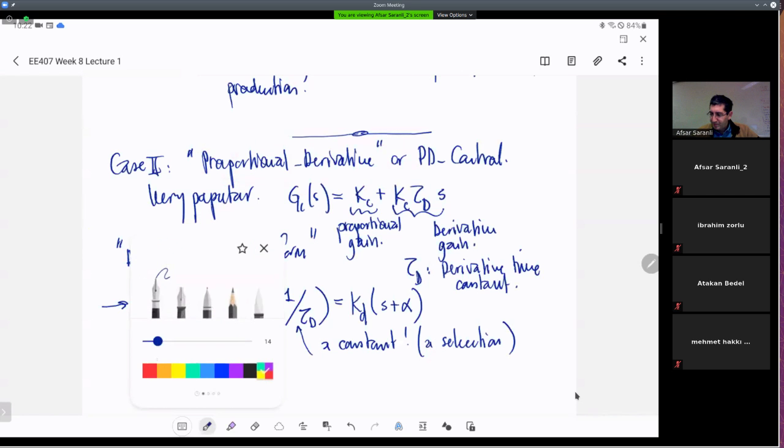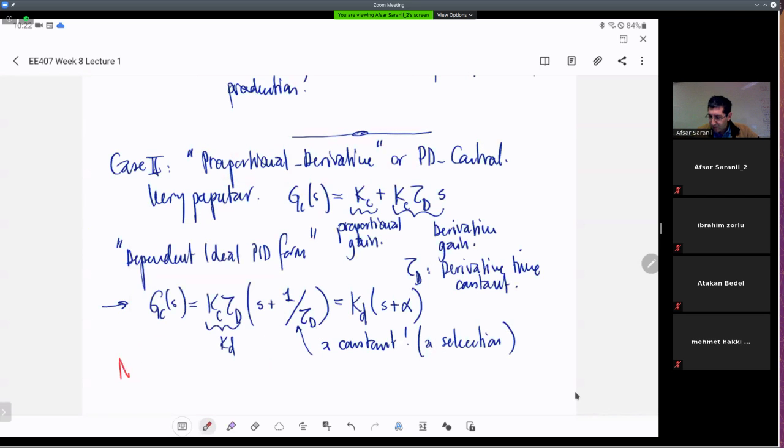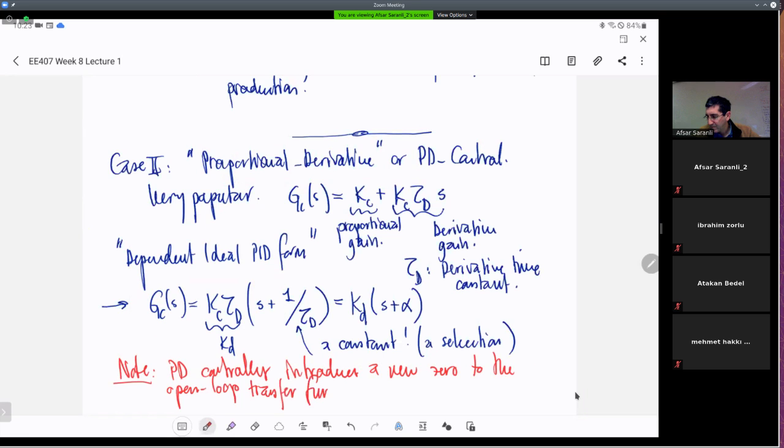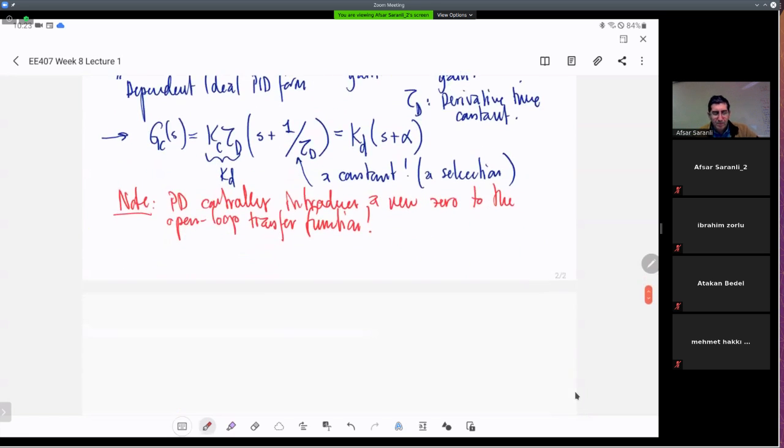So, notes. PD controller introduces a new zero to the open loop transfer function. Okay, so now I have a new zero. Okay, what is my open loop transfer function?